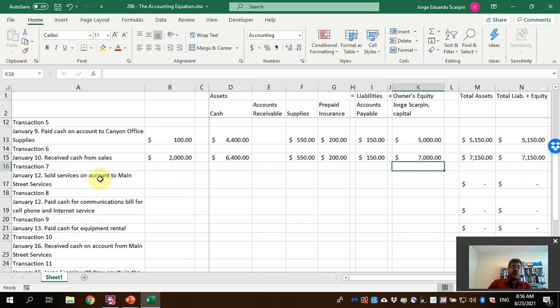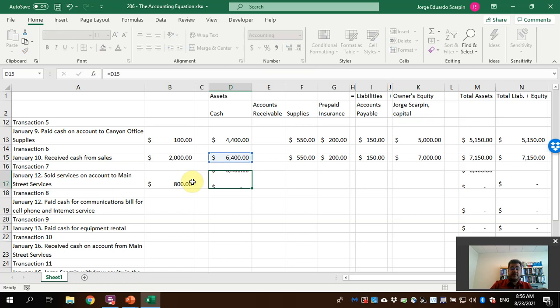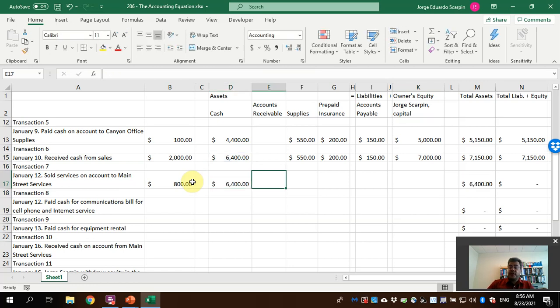Sold service on account to Main Street Service. Let's consider here $800. So, if it is on account, our cash remains the same. However, we have an asset here, the right to receive money, $800.